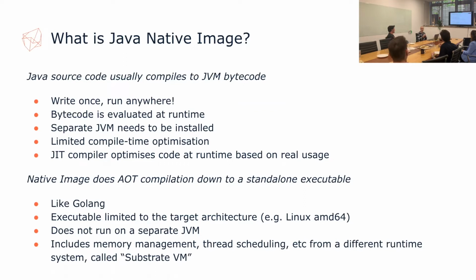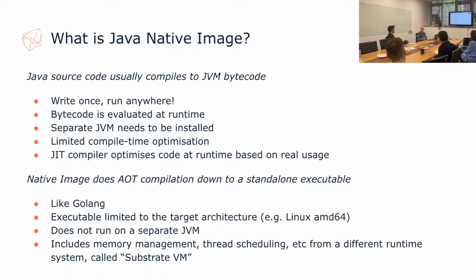Native image just does ahead of time compilation to produce an actual executable for the target platform. So more like the way you produce a Golang executable. So that means that it's not run anywhere, it's run on the thing you're compiling for. There isn't a separate JVM, it's just a single executable that you run.